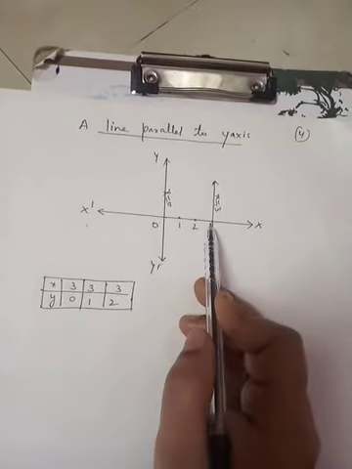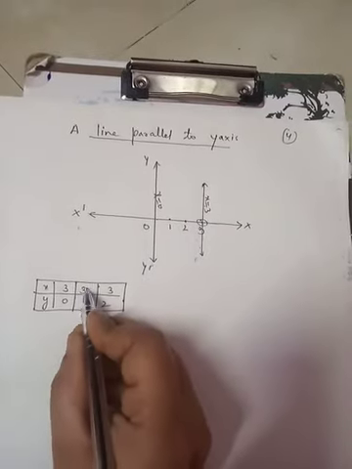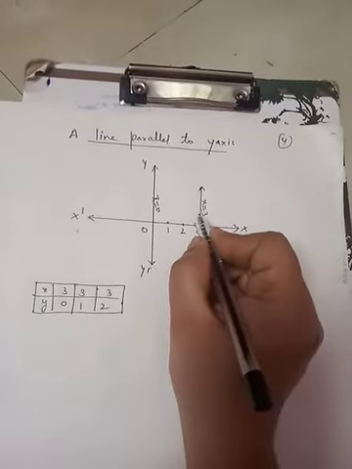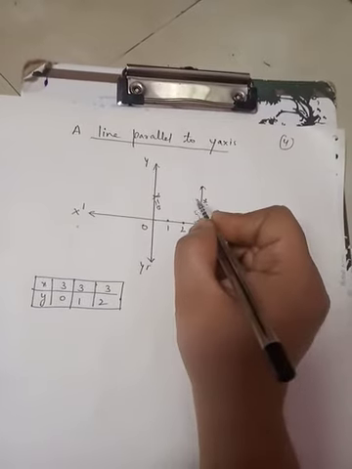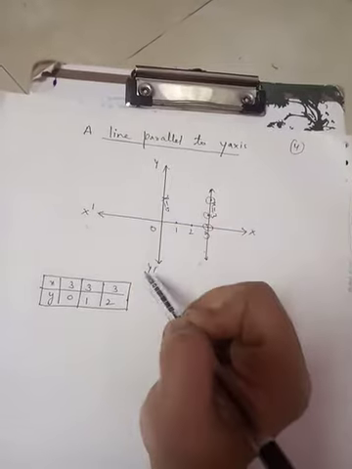So it becomes 3 comma 0, next is 3 comma 1, 3 comma 2. So this will be the line parallel to your y-axis.